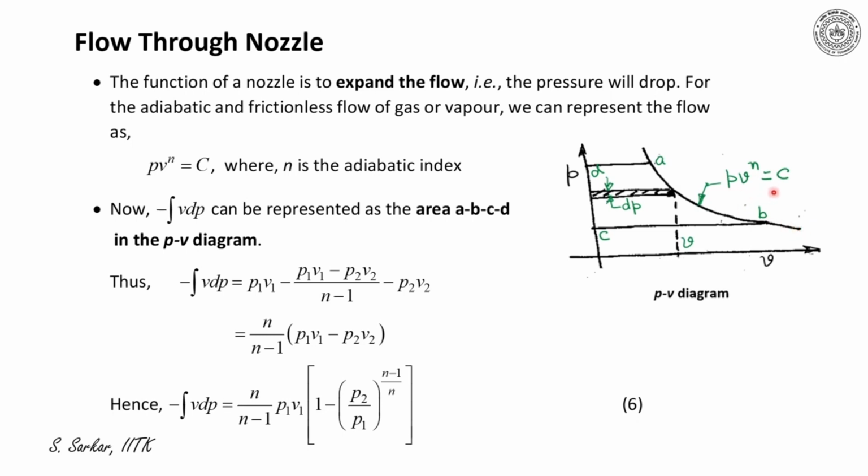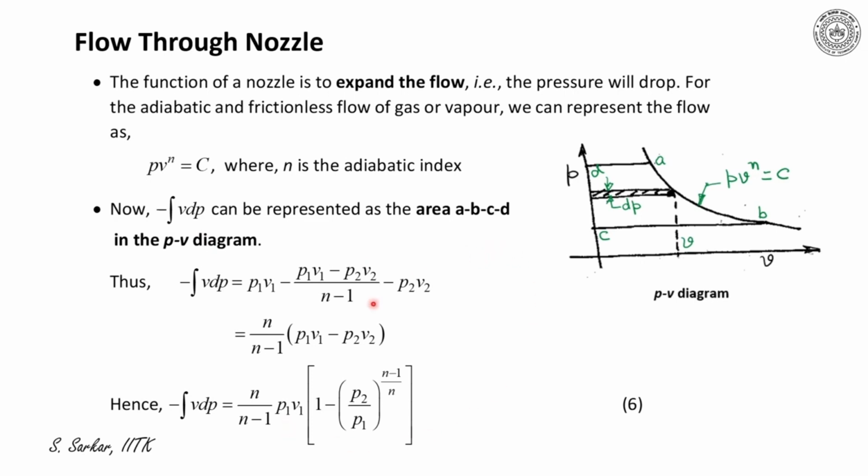So thereby PV to the power n is equal to constant is represented by a line as indicated here. Now, the integral minus V into dP can be represented as the area ABCD in the PV diagram. Now the question is how I will evaluate that integral minus V into dP, which is the area ABCD in the PV diagram.